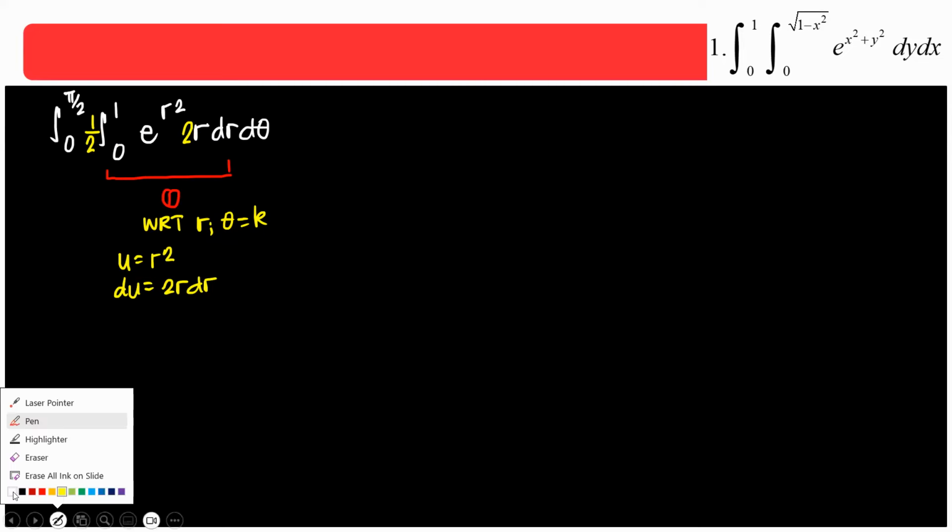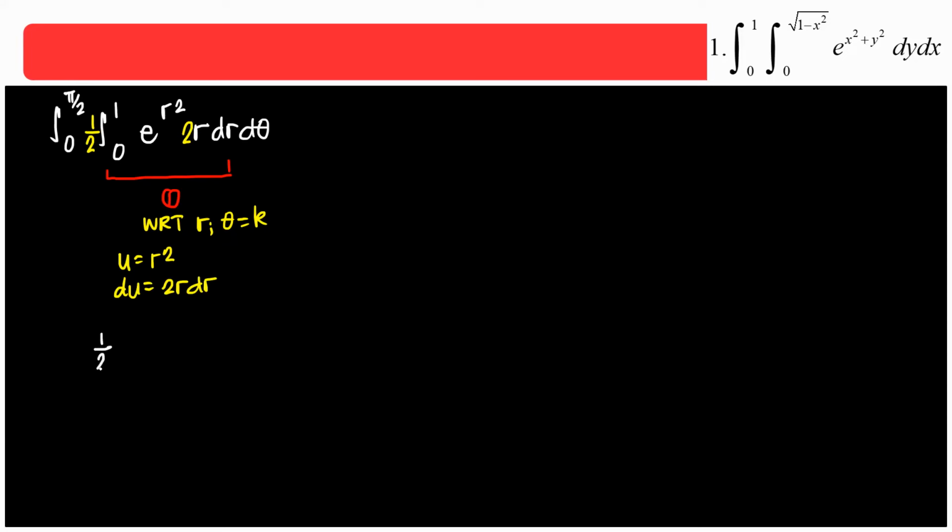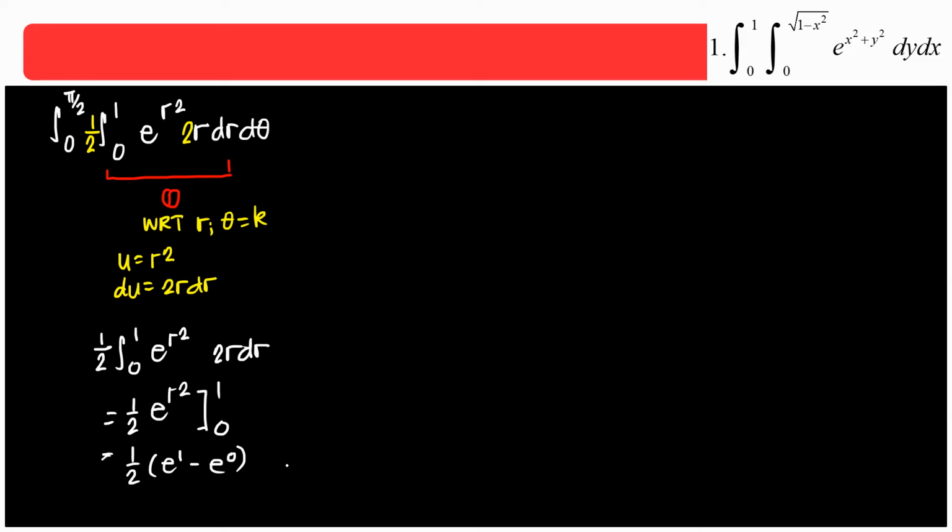Let's just rewrite this. 1/2 from 0 to 1 e to the r squared 2r dr. This would be integrable. This is simply 1/2 e to the r squared from 0 to 1. So solving this, 1/2 e to the 1 minus e to the 0 is simply 1/2 (e minus 1). But then we're not yet finished.